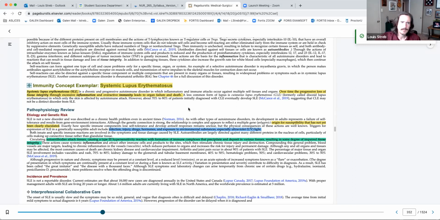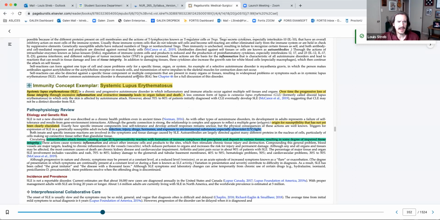So over time, you have a progressive loss of tissue integrity because you have excessive inflammation. You have overreaction of immunity. It leads to organ failure. It leads to death. We know this to be true. That's what systemic lupus is, right? It causes this inflammatory effect amongst all of your body. So that's what I want you to think about here.